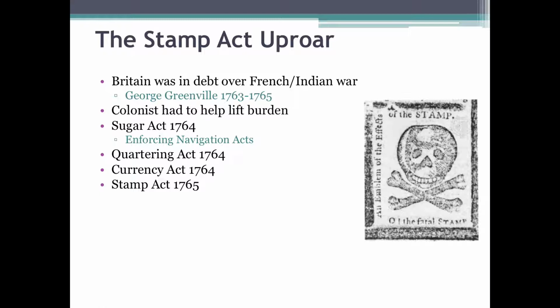All paper goods, everything that was used, for instance, in business, marriage licenses, ship documents, any newspapers, actually writing letters, even playing cards, you had to buy the stamp for it. And dice as well. Dice was a big game at this time period. Anything and everything that was paper, you were going to have to buy this stamp. And this was a tax that you were going to pay.